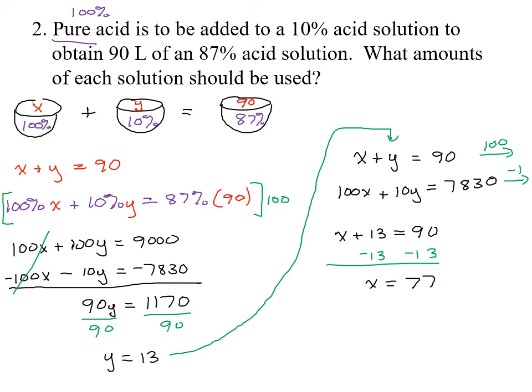Now the x is the 100%. So if I did the little boxes again, I'd have blank liters at 100% and blank liters at 10%. Since the x is over the 100% on the tub, the x is my answer for the 77 liters of 100%, and the y is over the 10, so that would be 13 liters at 10%. And those would be my answers.